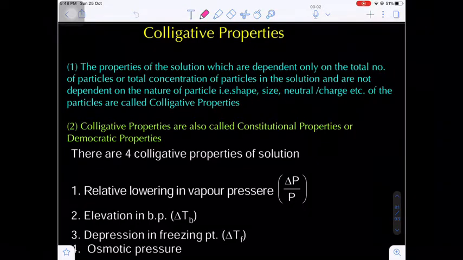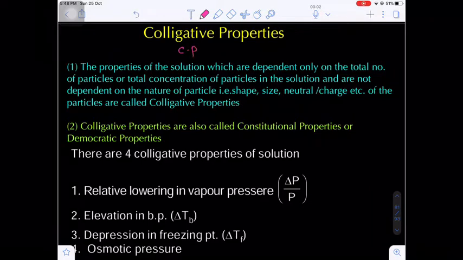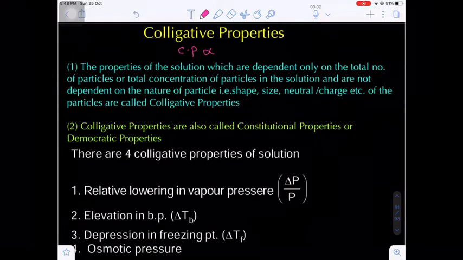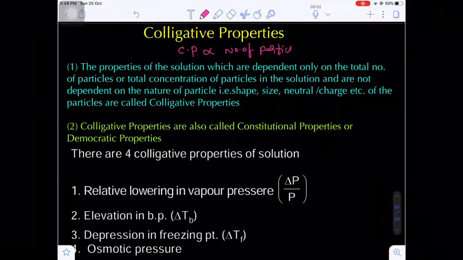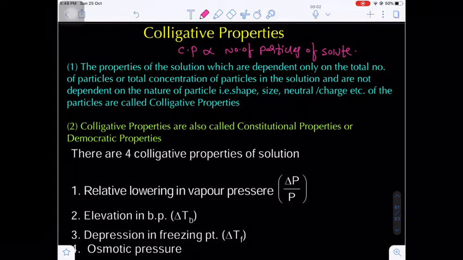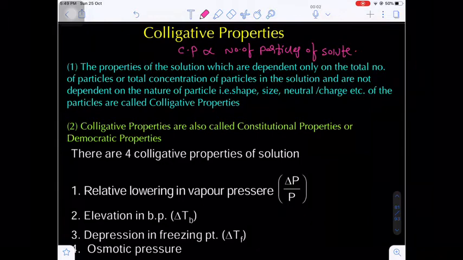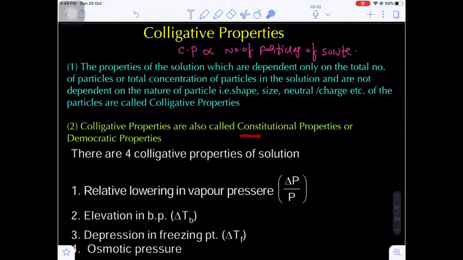In the sense, colligative properties are the properties of a dilute solution which are directly proportional to the total number of particles of the solute. That's why these properties are also referred to as constitutional properties, otherwise democratic properties.